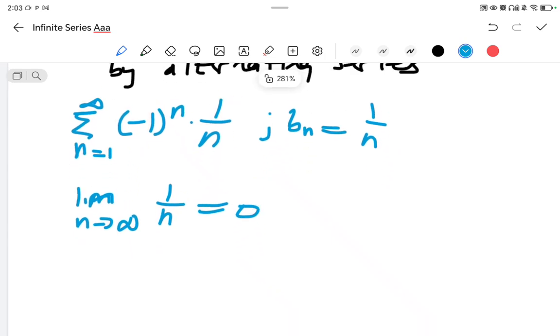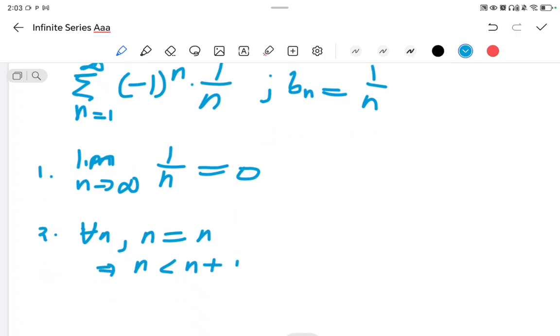And then we say that this is the first condition. We say that for all n, n equals n, and n is less than n plus 1. And then we have 1 over n is greater than 1 over n plus 1. By alternating series, this would converge.